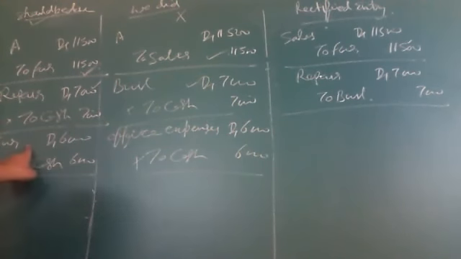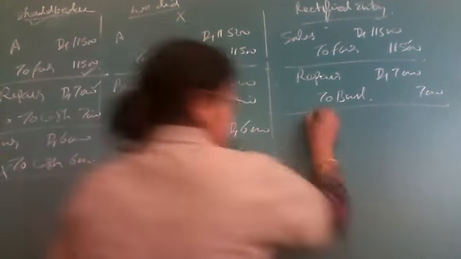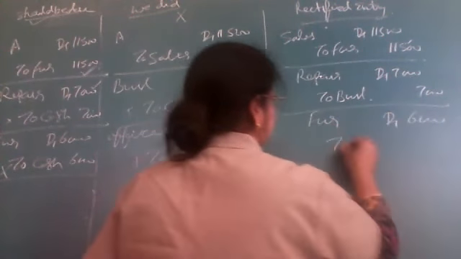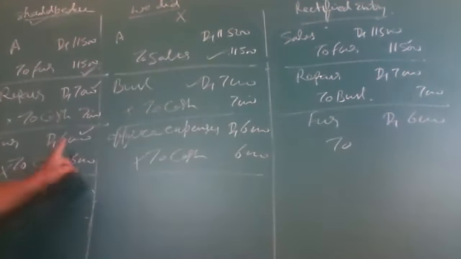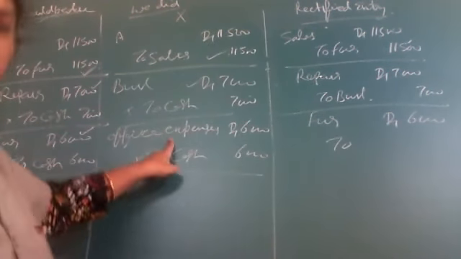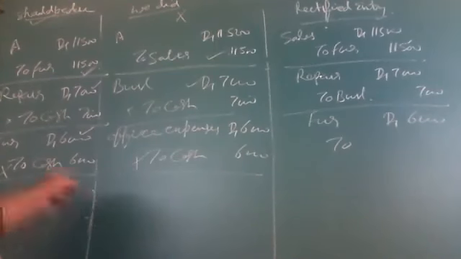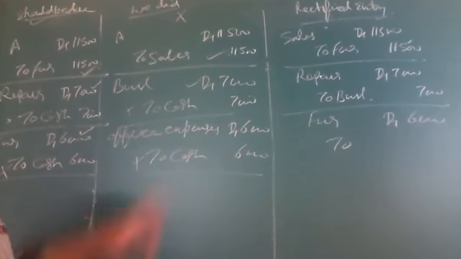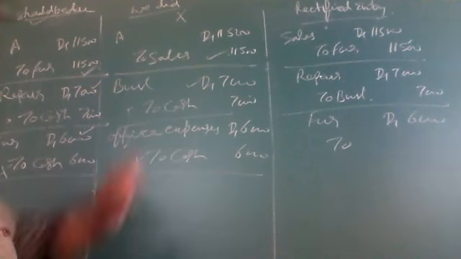As per the right entry, furniture should be debit. Have we done it? No. Now we will do it. This is done, rectified. Now the second one is office expenses. As per the right entry, office expenses should not be anywhere, but it is in debit. So let's finish off this office expenses.